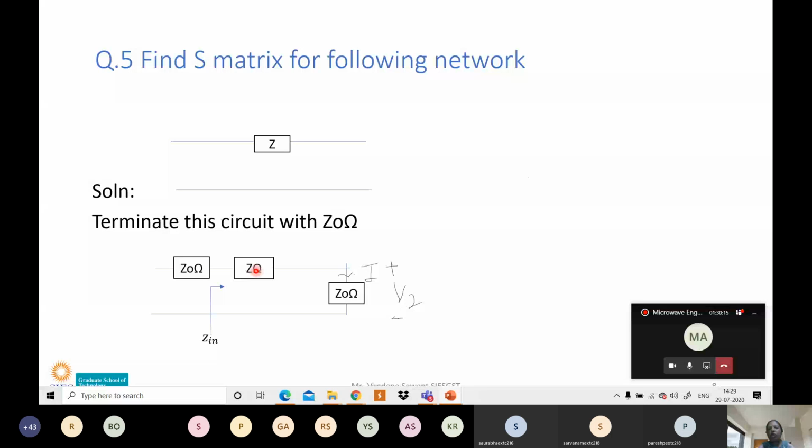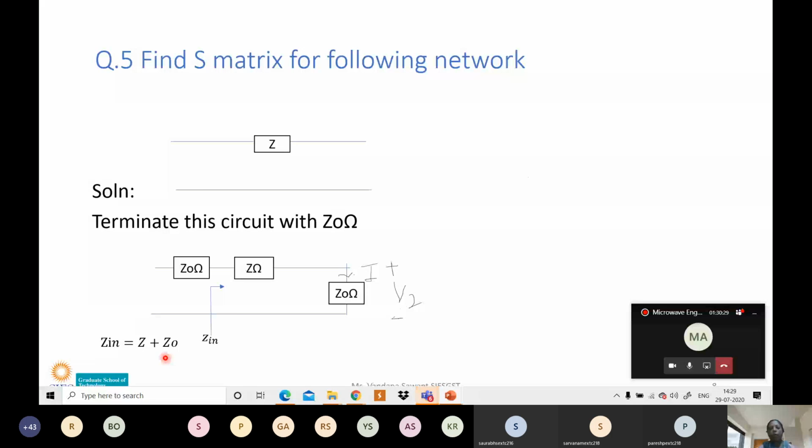So Zin is equal to Z plus Z0, as they are in series.